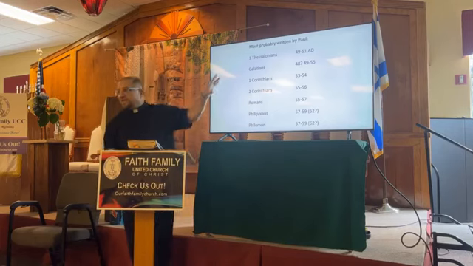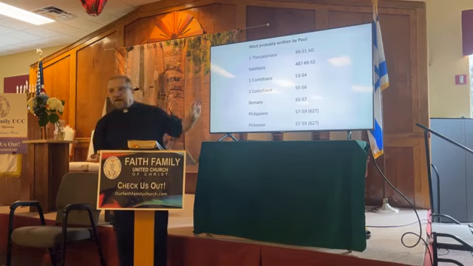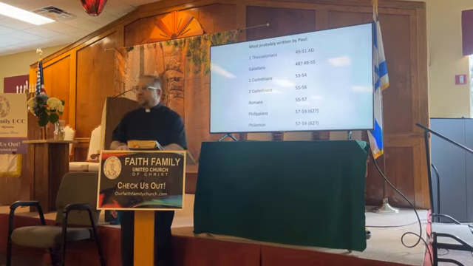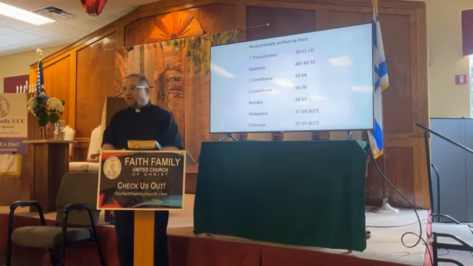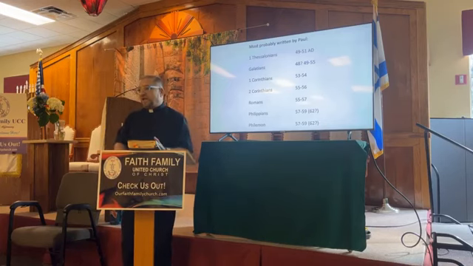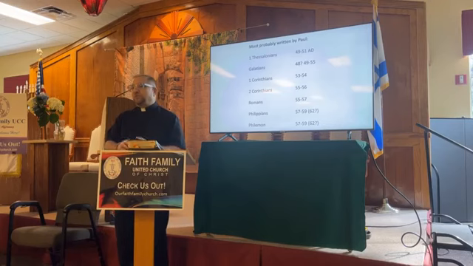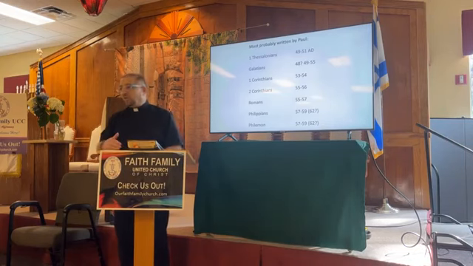Now I say that because a lot of the manuscripts that we have, or pieces and parts of the manuscripts that we have, we dated them to the second century, that's 100 plus, or the 3rd century, 200s plus.